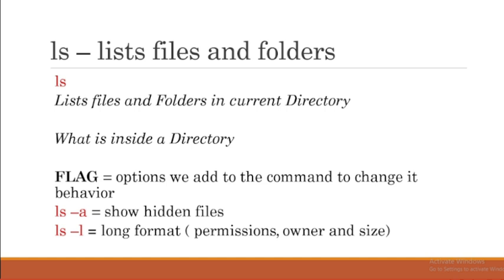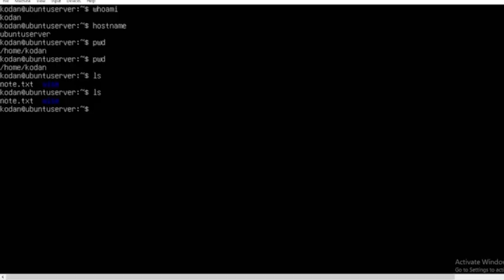Let us look at the ls command. By default, ls lists files and folders, but hidden ones are not shown. If you enter a folder or directory and see nothing, in Linux it doesn't mean the folder is empty.